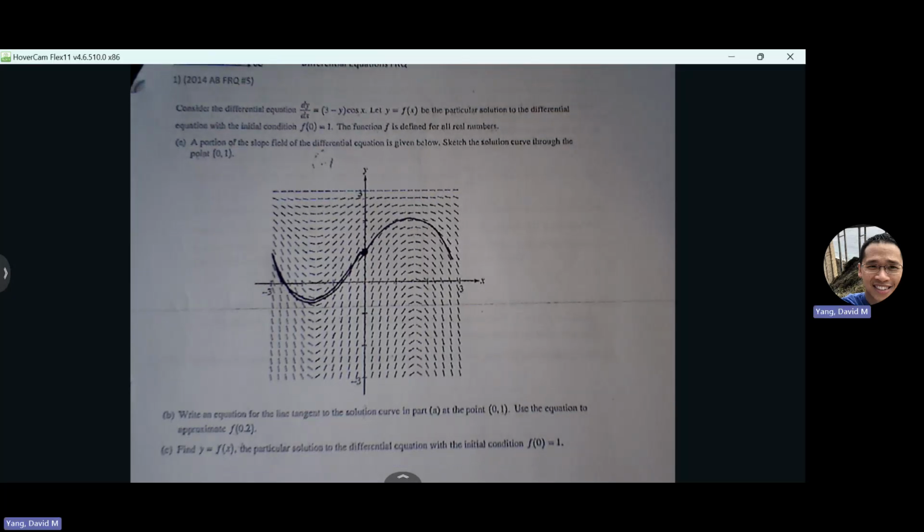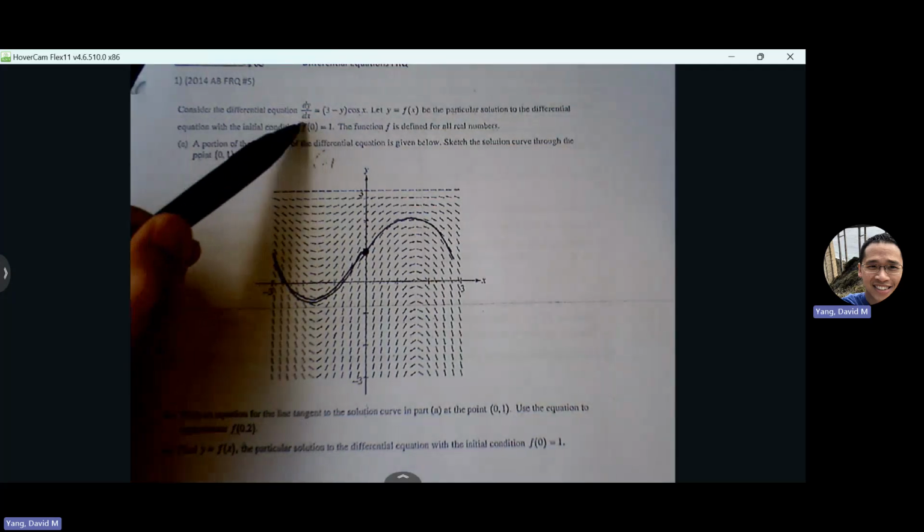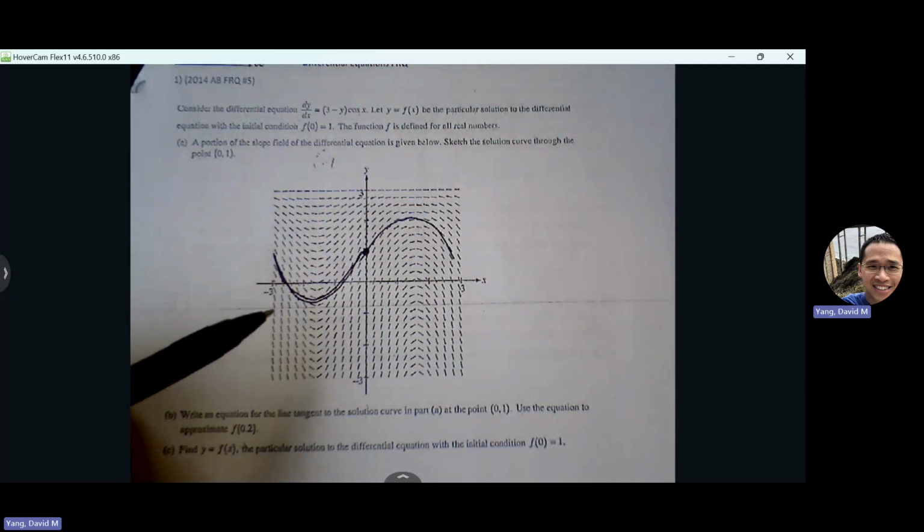So again, this just emphasizes the fact that a slope field gives us an idea what the function would look like, even though all we're dealing with is we're just looking at the derivative graph, and all these slope fields that make up the derivative graph.